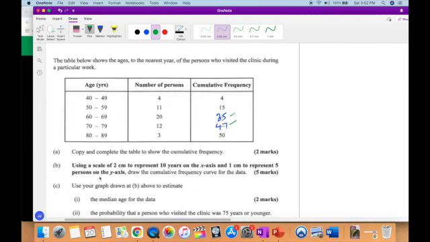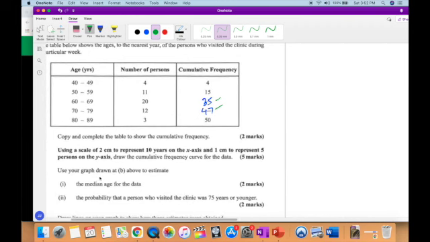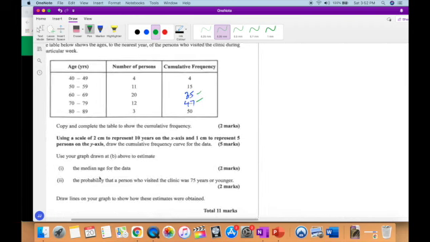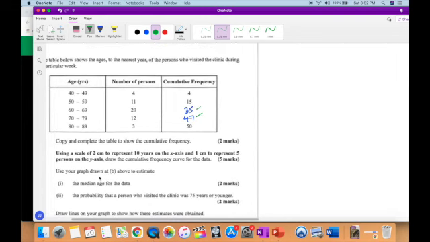Right? Using a scale of 2 centimeters to represent 10 years on the x-axis, 1 centimeter to represent 5 persons on the y-axis, draw a cumulative frequency curve for the data. So a cumulative frequency curve is not a normal distribution curve.